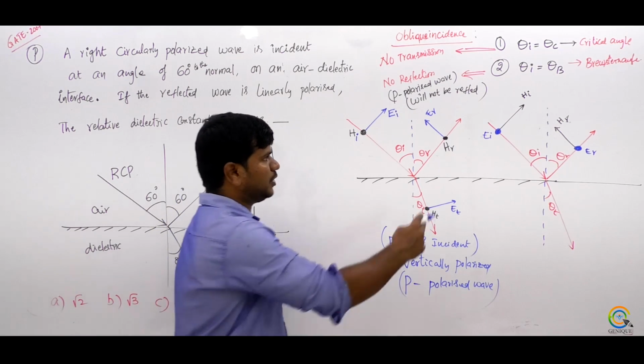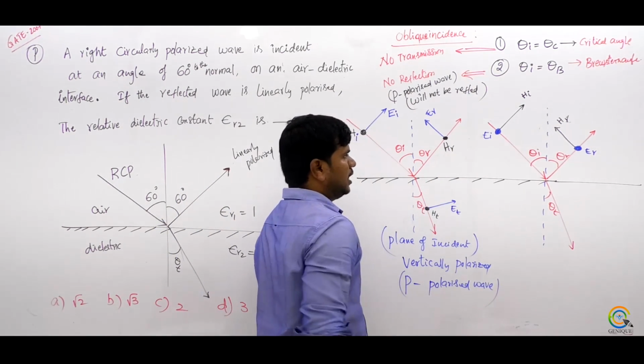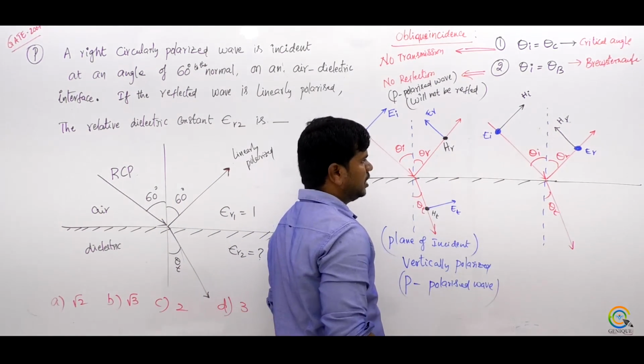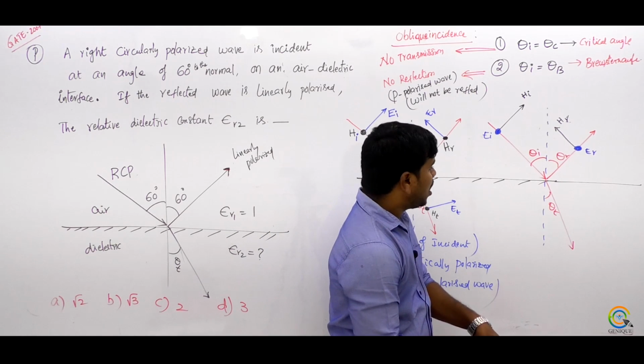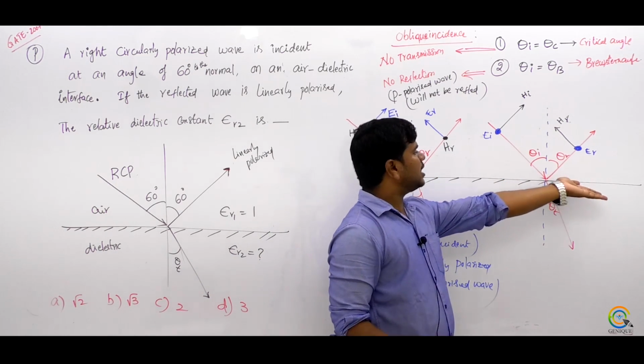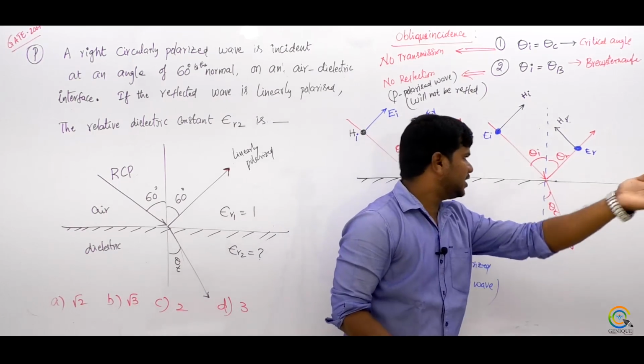Understand? Now come to this. This is E, but this E is parallel to the horizontal sheet. It is a sheet, not just a line.